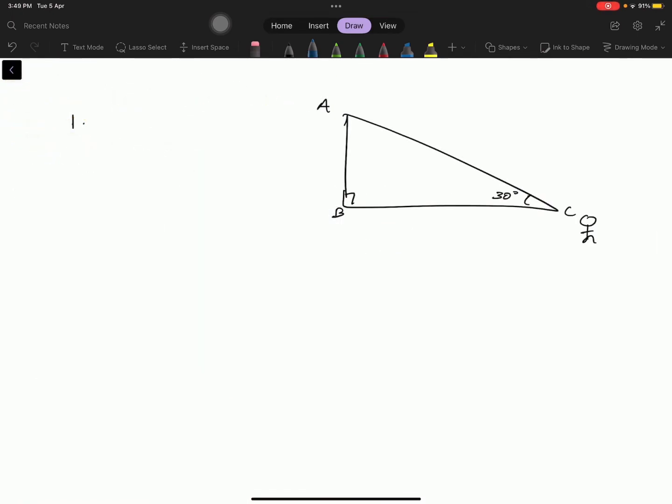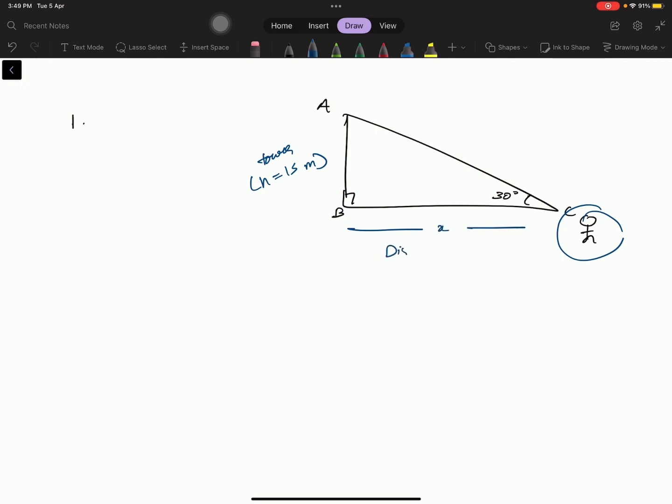Let's do a small example. There's a guy over here, he's seeing a tower. Its height is some 15 meters. We have to find the distance between him and the tower.